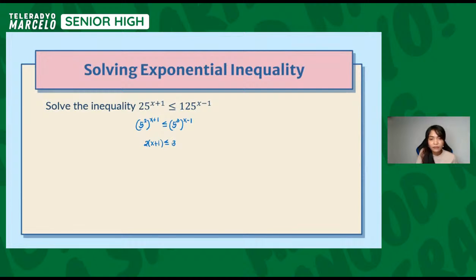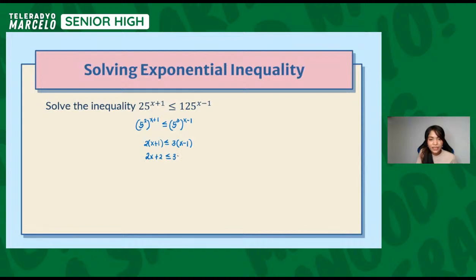Then, we copy the exponent of the other side. That is 3 times quantity x minus 1. Okay, so from here, let us solve for the value of x. Let's distribute 2. We will have 2x plus 2 is less than or equal to, distribute 3 again.